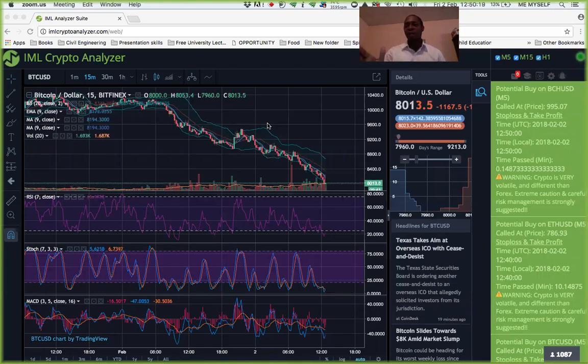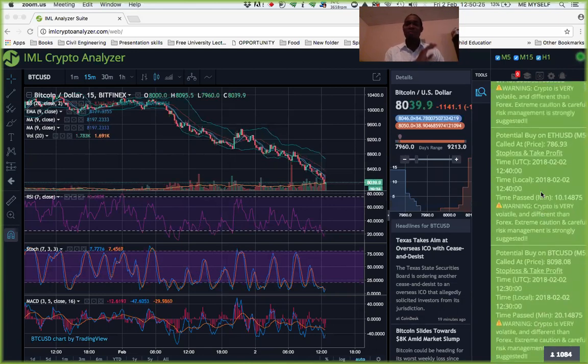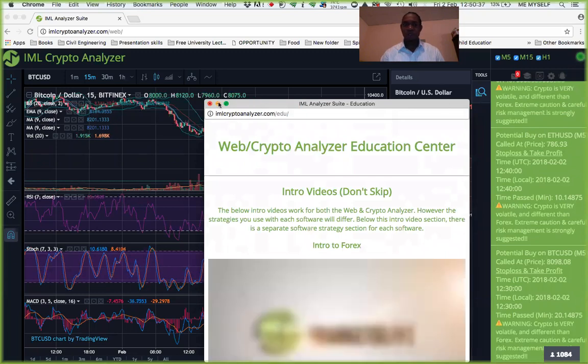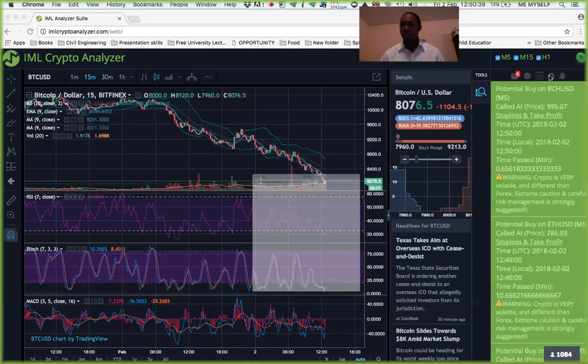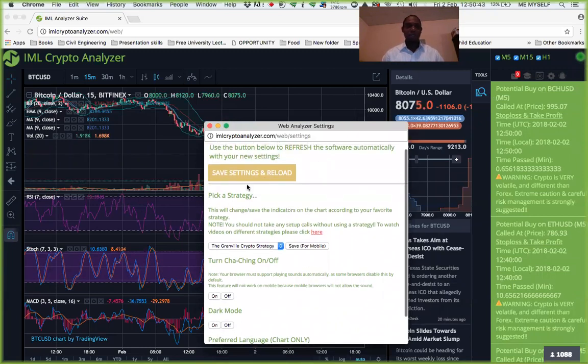So we have our alerts. Everything should probably be saying buy at the moment because there was a massive drop off. If you go to your settings, I think definitely the settings bar, you would be able to pick your strategy.